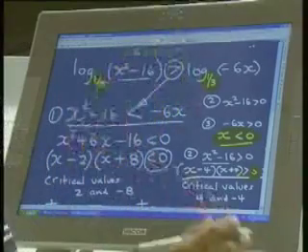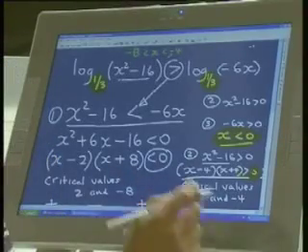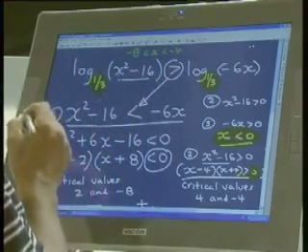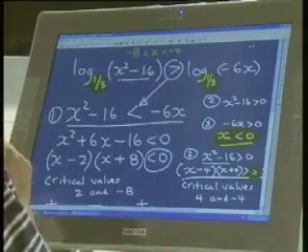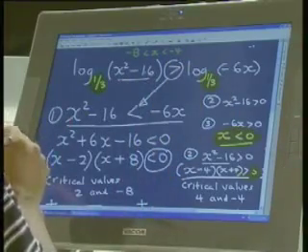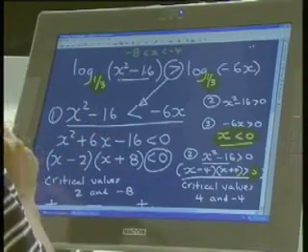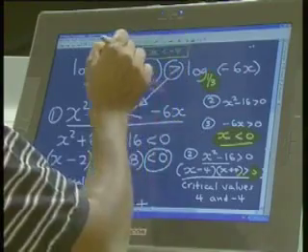Take a number in that region. Give me an example of a number between -4 and -8. -5. I would put -5 in this and see if I get an inequality that's true. In other words, do I get a bigger number on the left-hand side and a smaller number on the right-hand side? And it actually works because I've tried it out. Then take a number outside this region, like -9 or -3, and you'll see that it doesn't work. So this actually turns out to be the final answer.